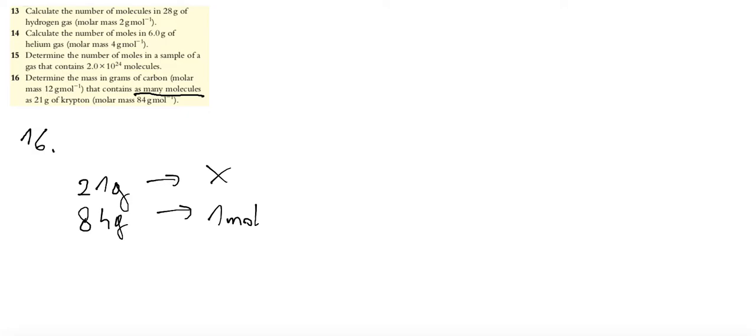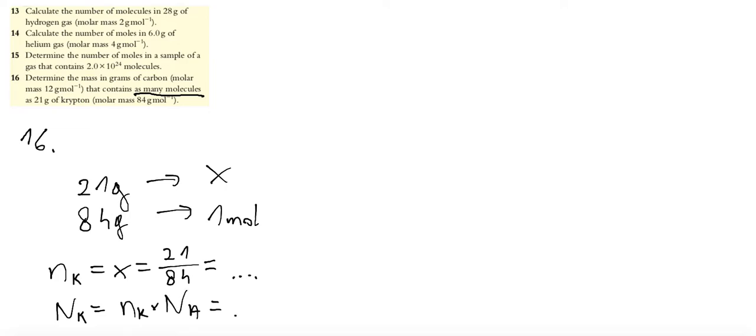The number of moles of krypton will be 21 over 84. So this is the number of moles of krypton. I'm going to use n with index k. And how many molecules of krypton? The number of molecules of krypton is the number of moles of krypton times the Avogadro constant. So if you know the number of moles of krypton, you can calculate the number of molecules of krypton.